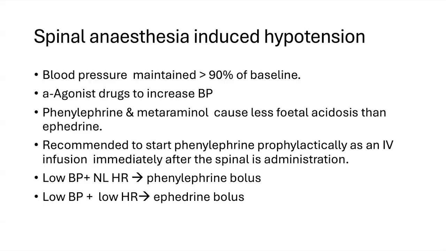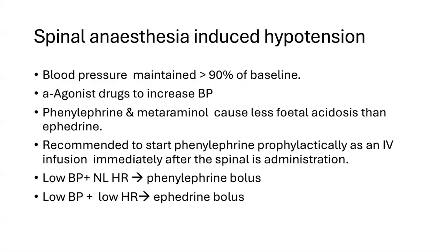But ephedrine does cause fetal acidosis, so it is not the best to give. In our setup, we give it because it is cheap and freely available. Phenylephrine and metaraminol are quite expensive, so we use them very sparingly.